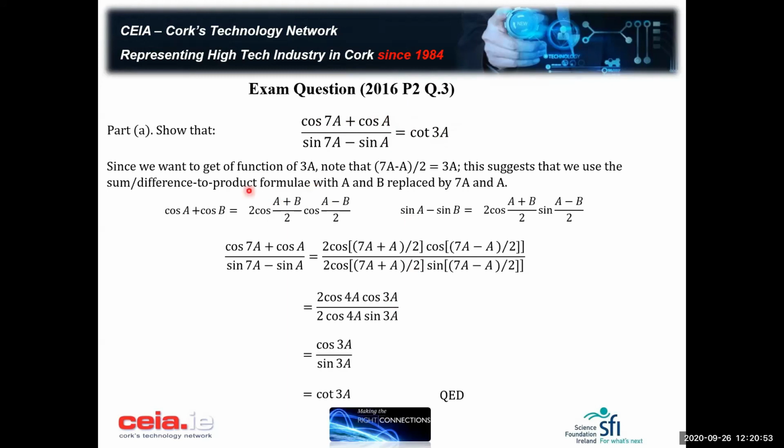All right, so you use those sum and difference to product formulas because you know they'll give you the 3a's that you want.